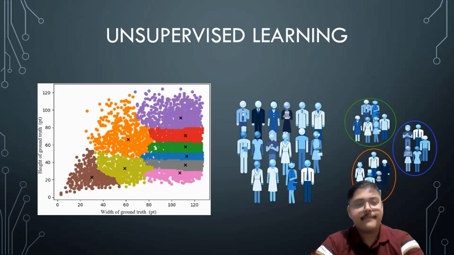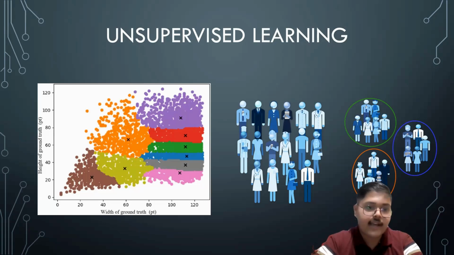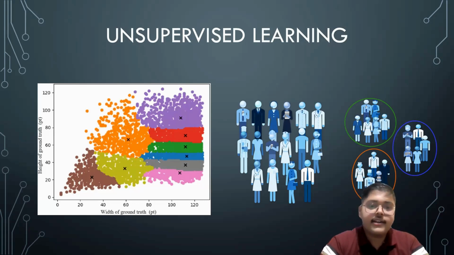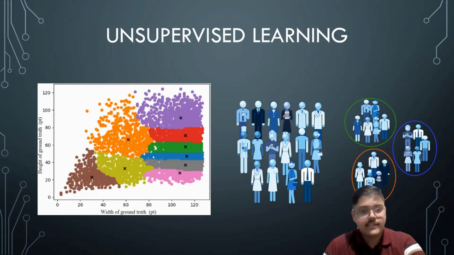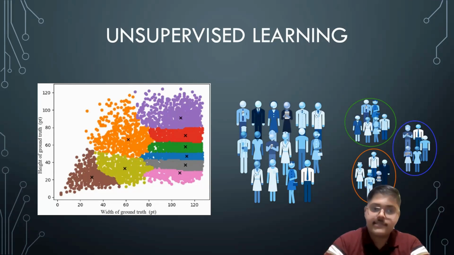Assume this can be any data, like here it is the height and the width of the ground truth. Now, as per that, the plot is scattered, and it's imagined that the area above up till a certain point can be considered as a separate thing. Then the one below it another, then below it another. Accordingly, it has been colored and segregated based on some characteristics.